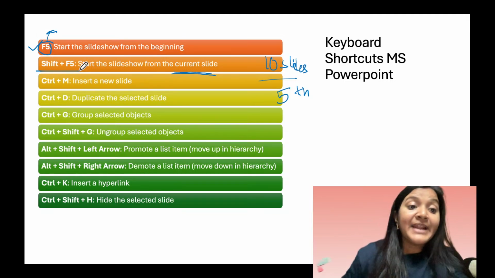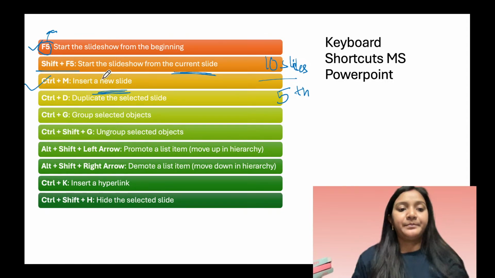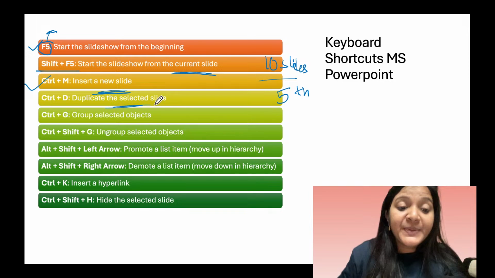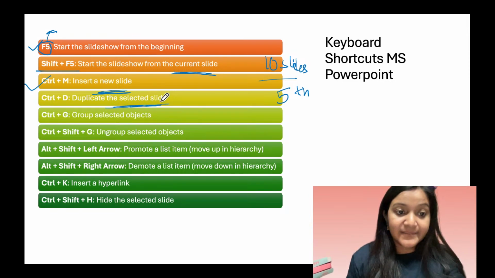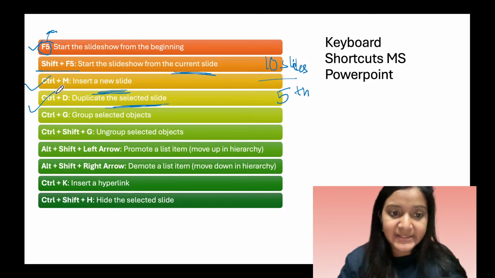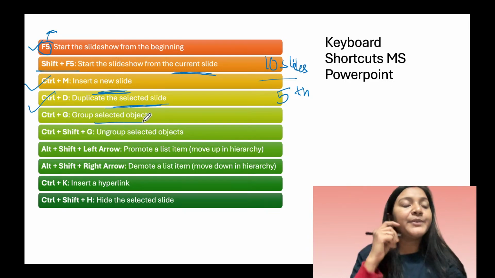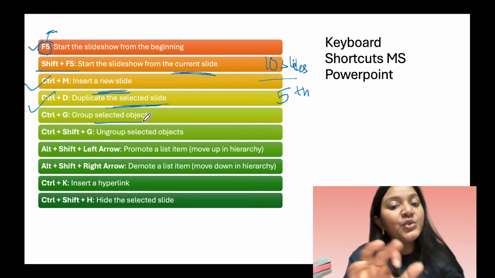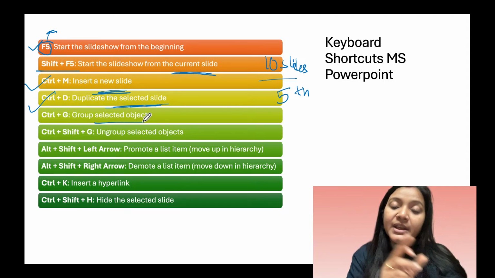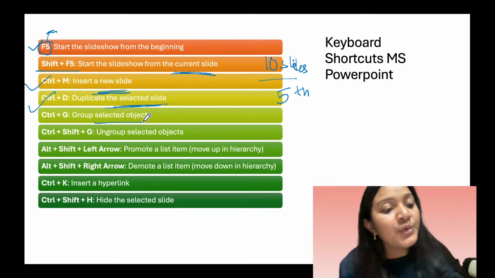Now insert a new slide, that is Ctrl plus M. Duplicate the selected slide: Ctrl plus D. Same slide duplicated. Group the selected objects. Let's say you have added 5 images. You want to group them so that you can select them together and move them.